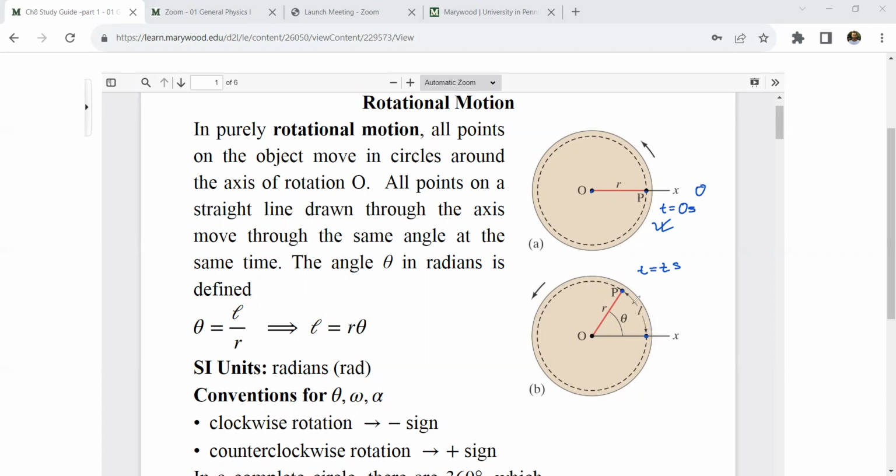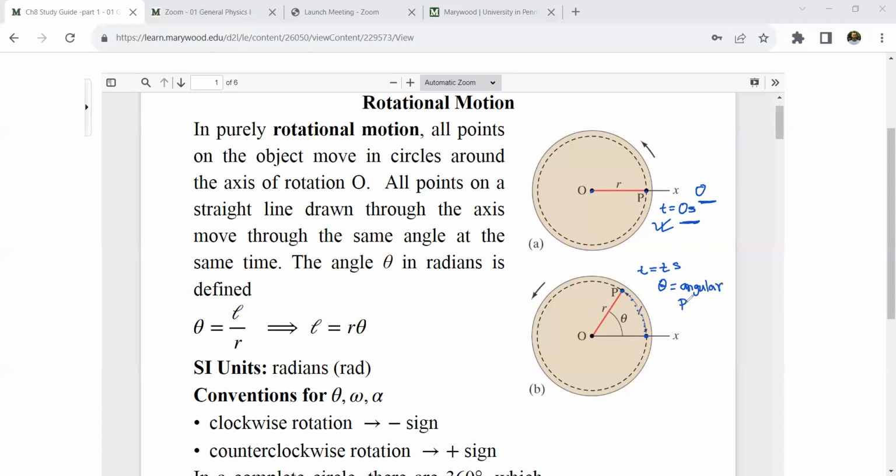So it changes its linear position, and at the same time it changes its angle also. Earlier the angle was 0, now it has some angle, and that angle is theta. We call this quantity the angular position.